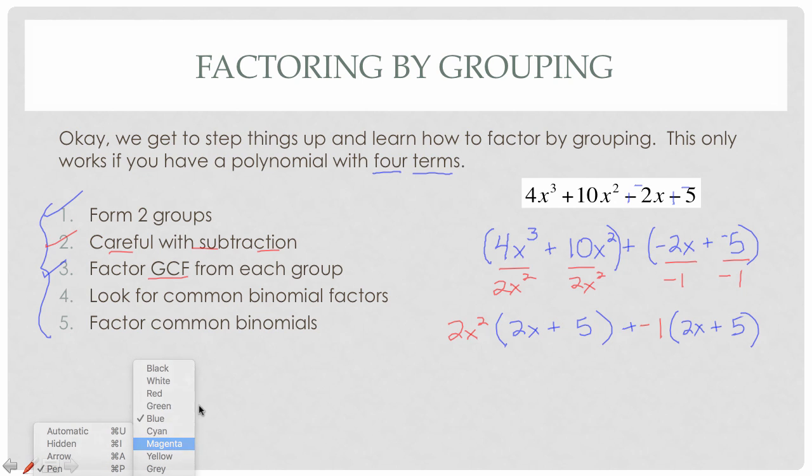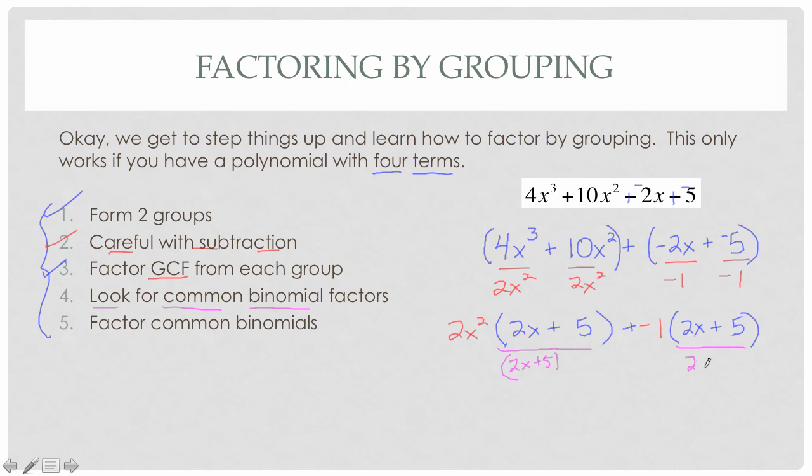Here's the fun part. Look for common binomial factors. Think of this all as one term right here, 2x squared times 2x plus 5. And I'm adding to that a negative 1 times 2x plus 5. Well, both of them have this common binomial factor that I can divide out.